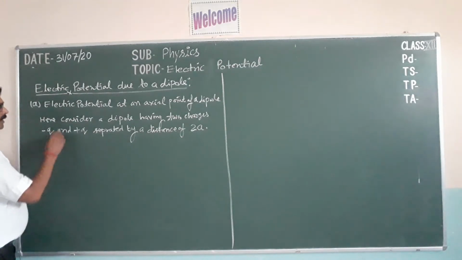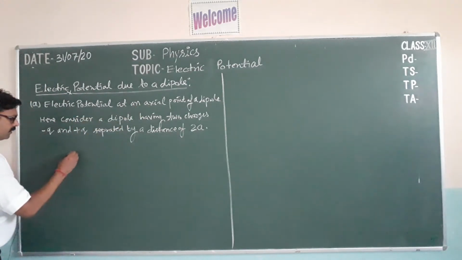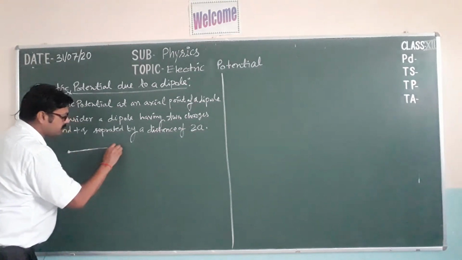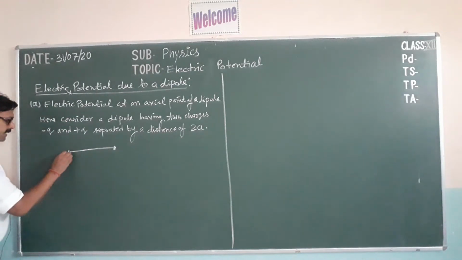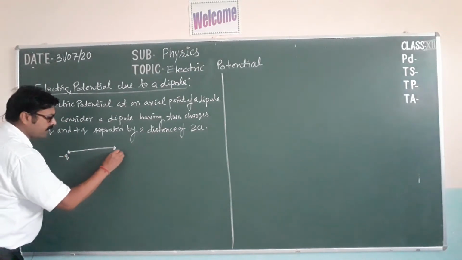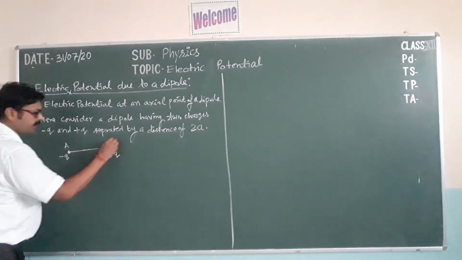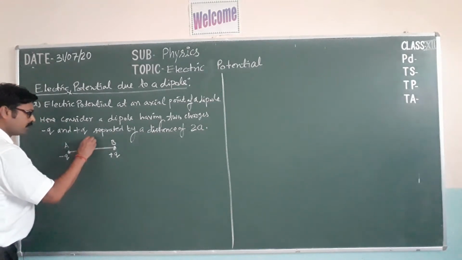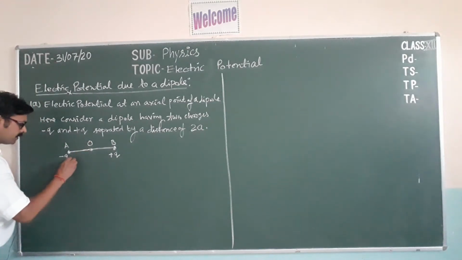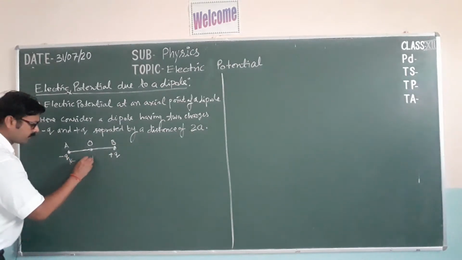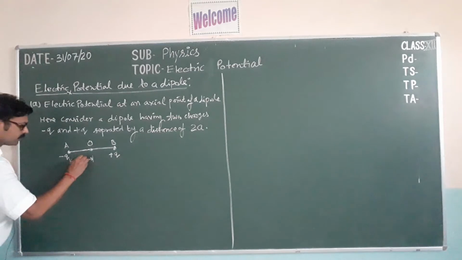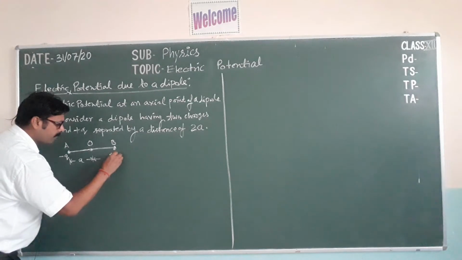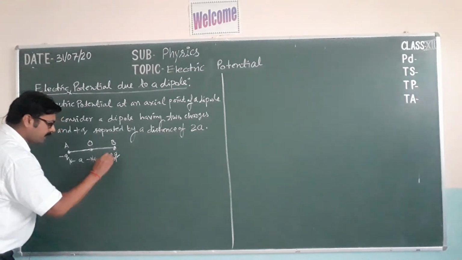We have to calculate the electric potential at an axial point. So here we draw the diagram. This is a dipole, minus q charge, plus q charge. This is point A, this is point B, and the midpoint is the origin O. The total length is 2a, but O is the midpoint, so OA and OB are both the same, that is a.